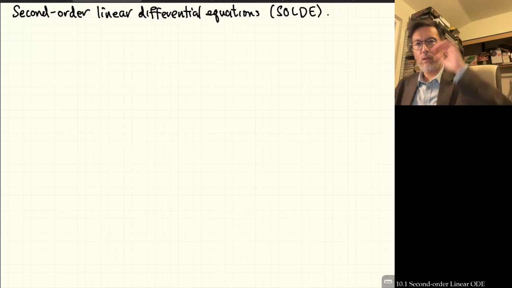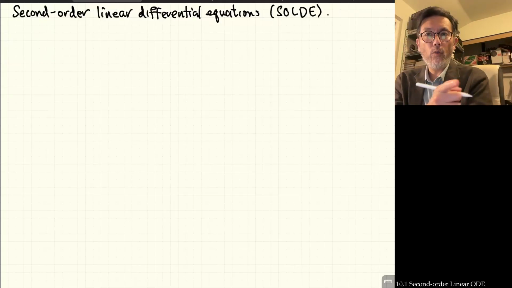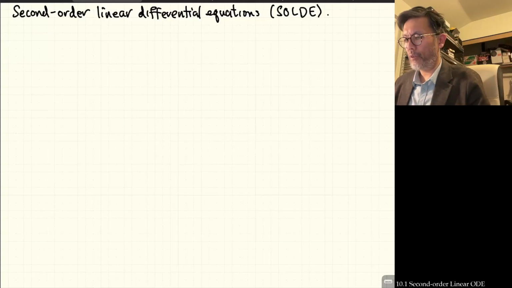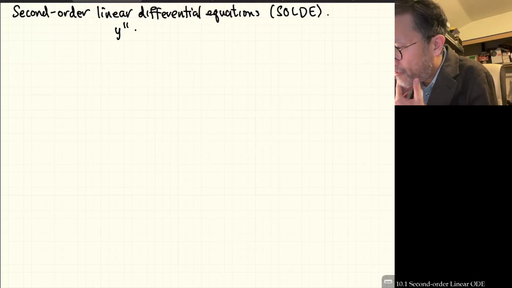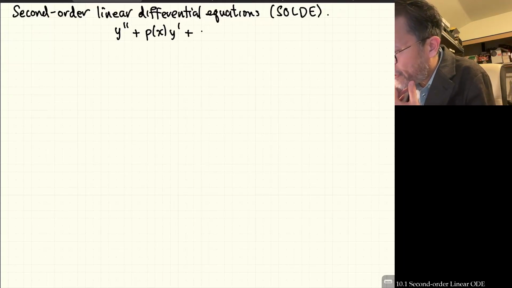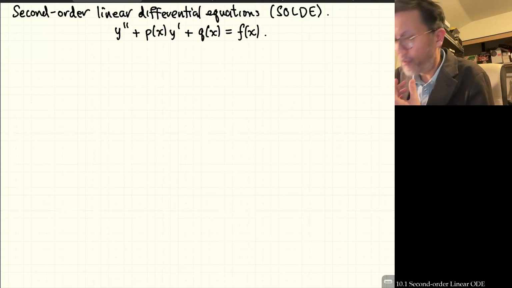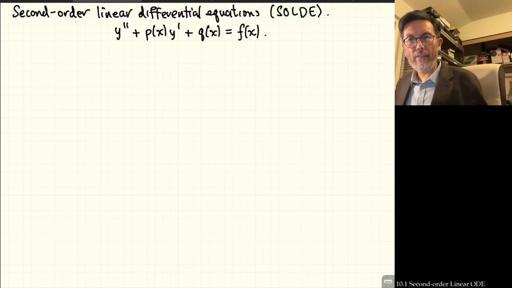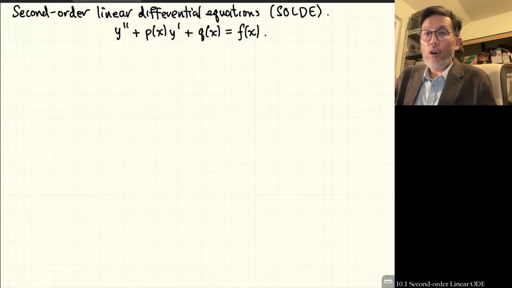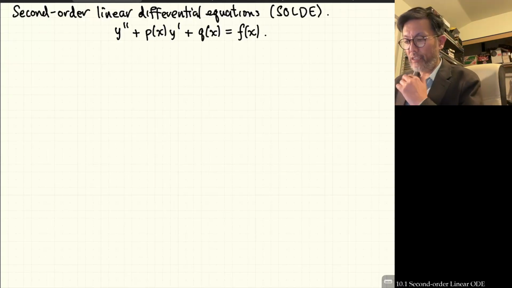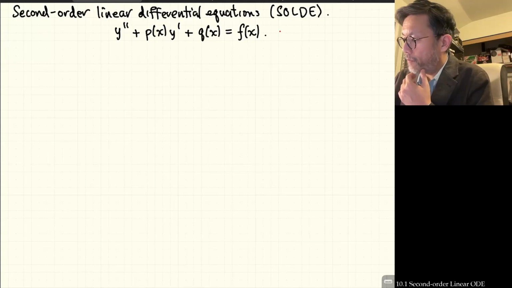The standard form for such a differential equation is something like y double prime plus p of x y prime plus q of x is equal to f of x. As usual, p, q, and f are functions of x only. They are the coefficients of my second order linear differential equation written in standard form.